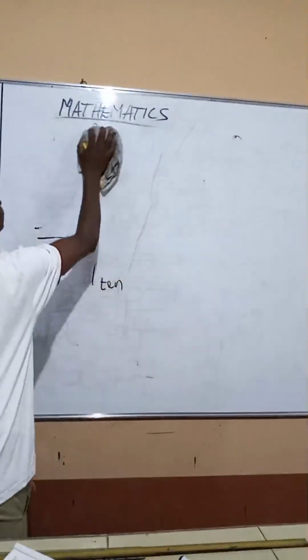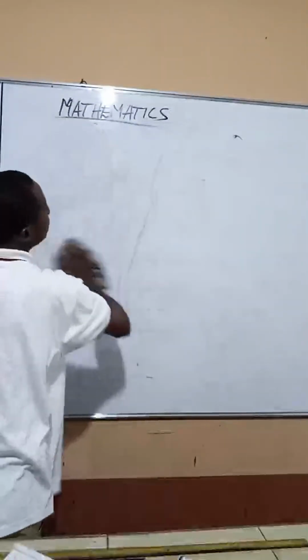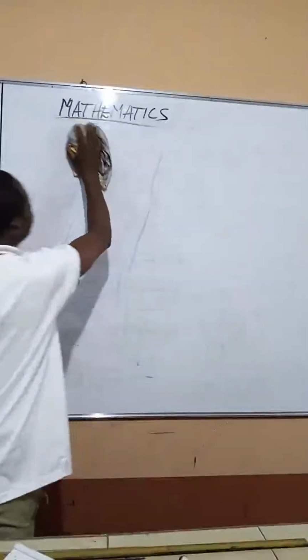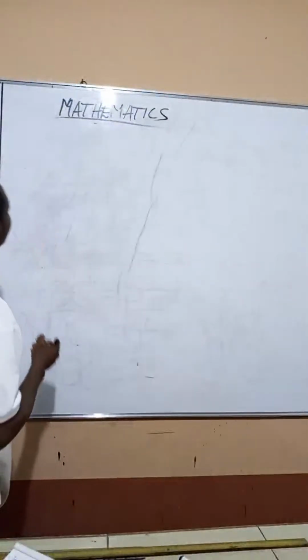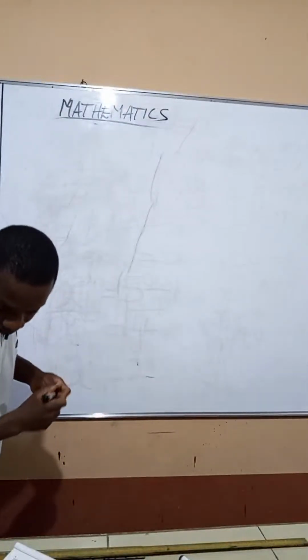In this case, we are evaluating like number 1. So we are in number 3 now. In number 3, we have to find x.